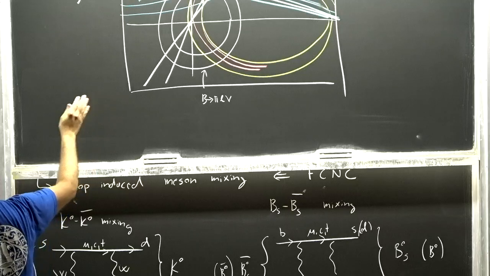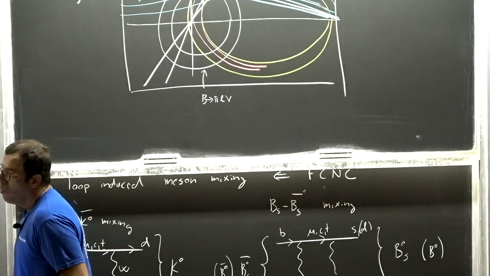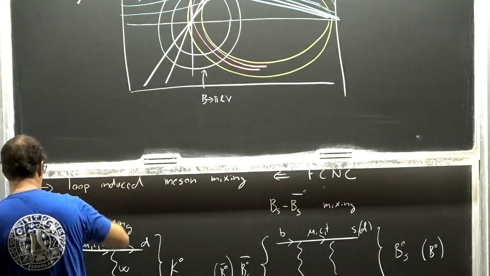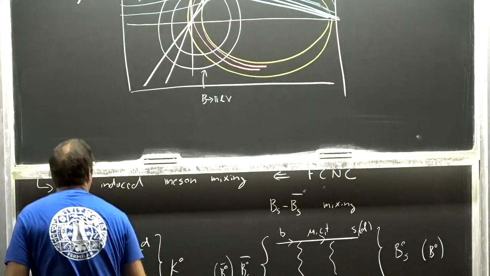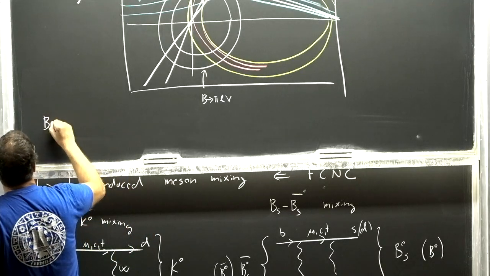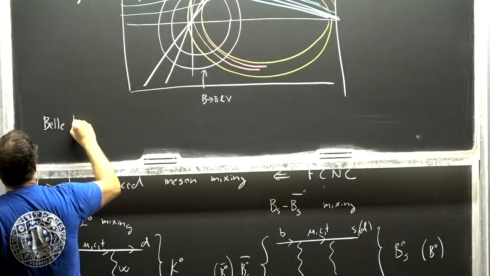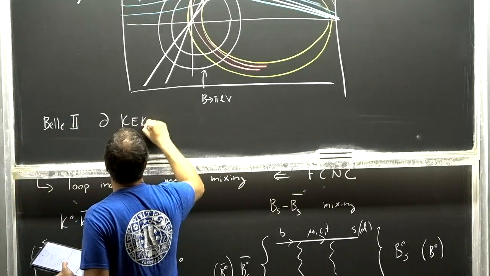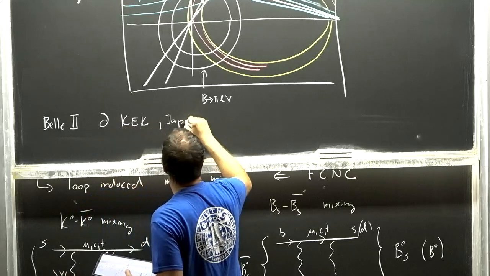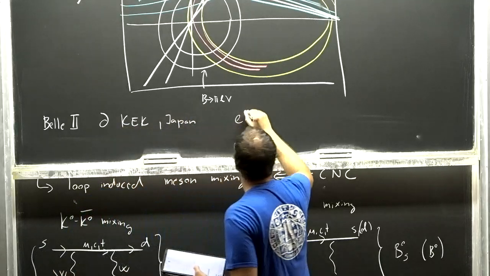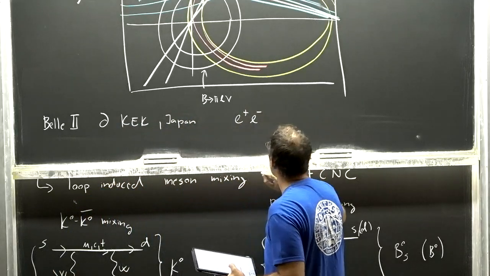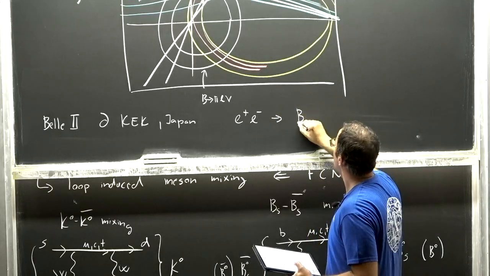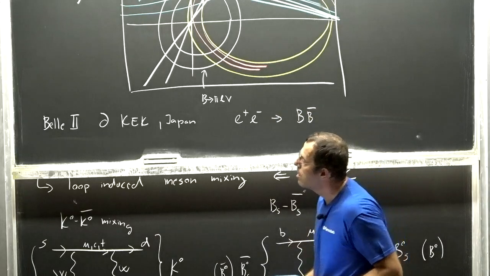So the experimental facilities were where this is being tested right now. Or I should go back to the white chalk. So there is Belle 2 in Japan. So this is an e plus, e minus that then creates B B bar pairs.